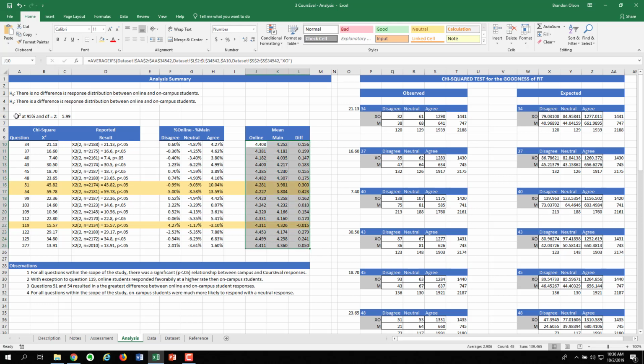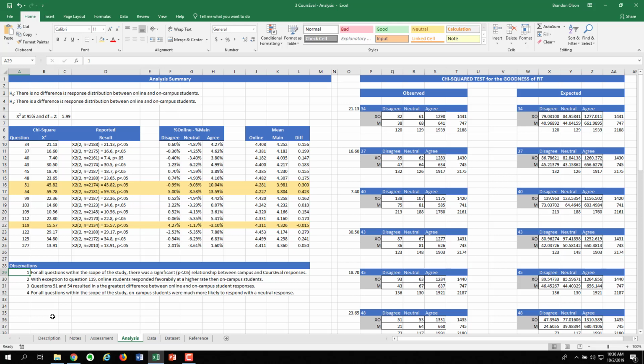Then, taking a step back and looking at the results, I came up with a set of observations. My first observation was that for all questions within the scope of the study, so all 16 questions, there was a significant relationship between the campus and the course eval responses.